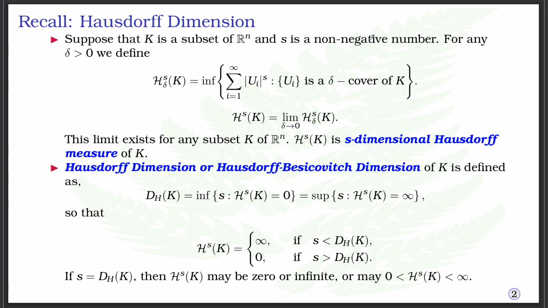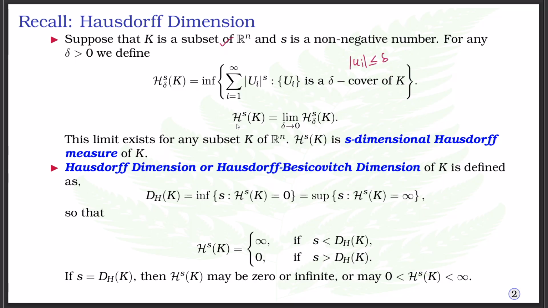Suppose K is a subset of R power n and s is a non-negative number, that H delta s of K for any delta greater than 0 is defined here, where delta tends to 0, then this quantity H s of K is called the s-dimensional Hausdorff measure of K. Here U i is a delta cover of K, so each U i has diameter at most delta.